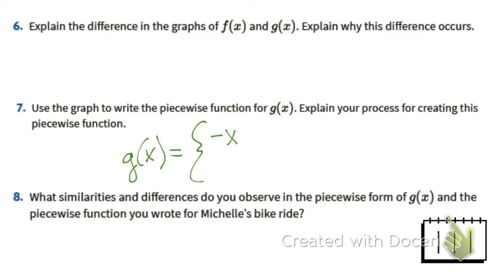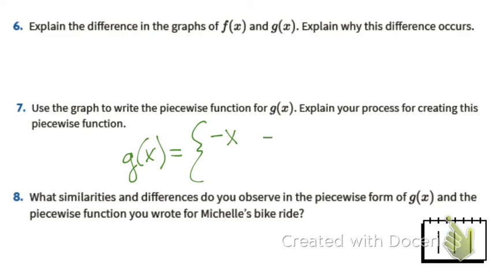What is the domain of the left side of the graph? What are the x values that I can use for this portion of the graph where it's -1x? Think about that. Not any number.